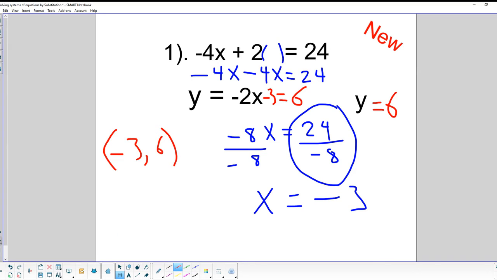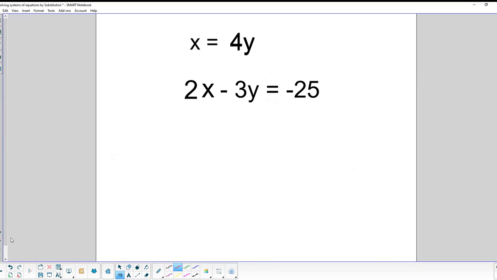All right, that's a little more complicated, but not too bad. Let's try a couple more. So in this case, we've got x equals 4y, and 2x minus 3y equals -25. All right, so we know that this says x is 4y, so we're going to replace this x in the other equation with that 4y. So I'm literally going to move this out of the way.